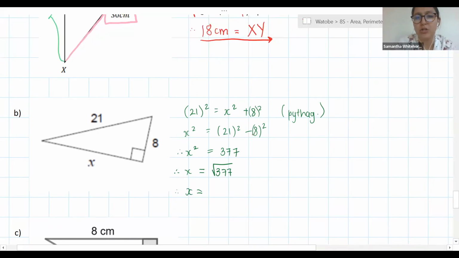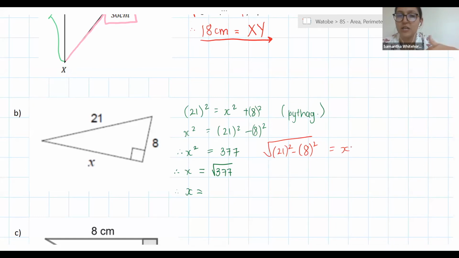Emmanuel said, okay, well, I know that I'm eventually going to have to square root that whole answer, so why don't I just go for it? So he's said the square root of 21 squared minus 8 squared will give me x. He's done almost everything in one go, which is fine. But if you're not yet comfortable with that, rather just do it step by step.